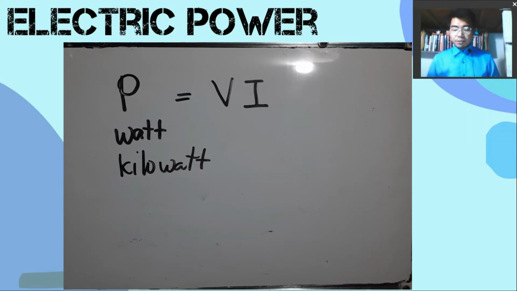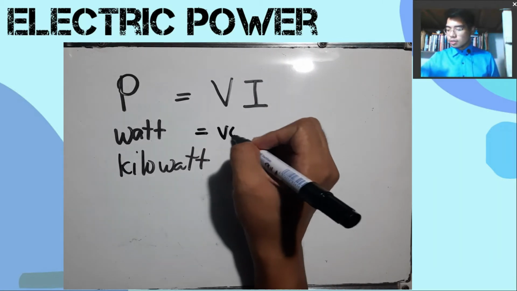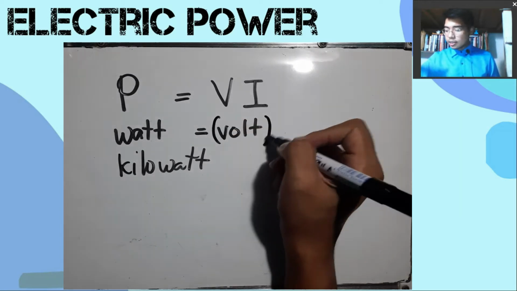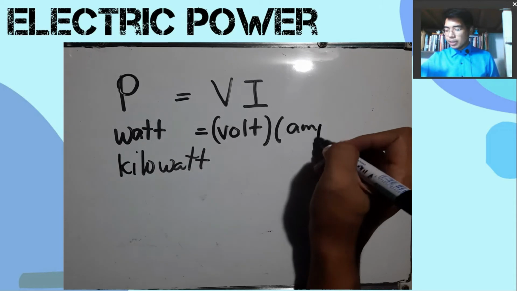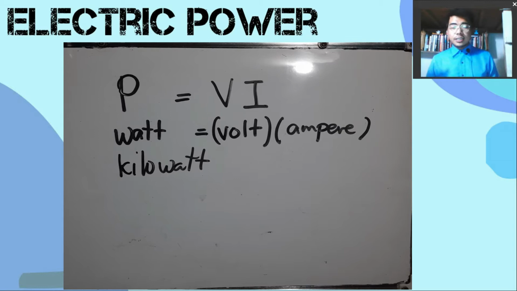Once again, power is just the product of voltage, in volts, and current, in amperes, which gives us the watts or wattage, and the kilowatt that I mentioned earlier.